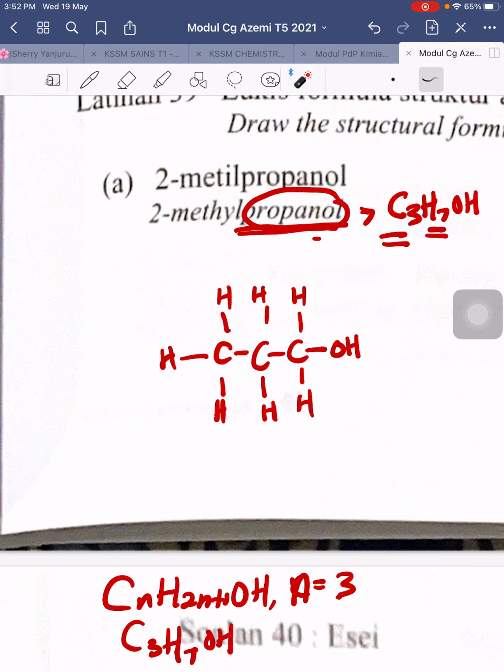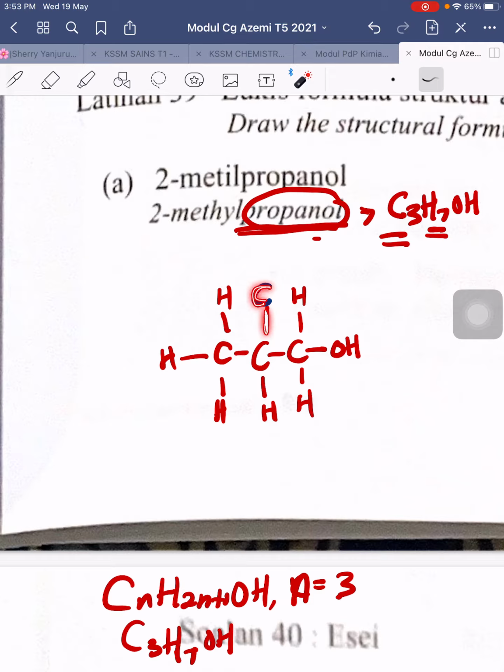So how to draw that one is, you need to erase one H here and replace it with C. And then you remember the first rule that I taught you about drawing this structural formula. One C atom should have 1, 2, 3, 4 bonds. So same goes to this C. Wherever it is, you must remember that one C has 4 bonds. 1 bond.